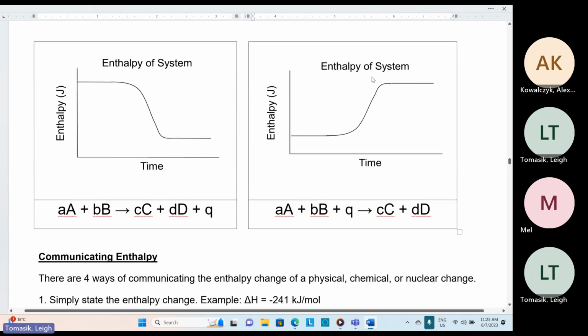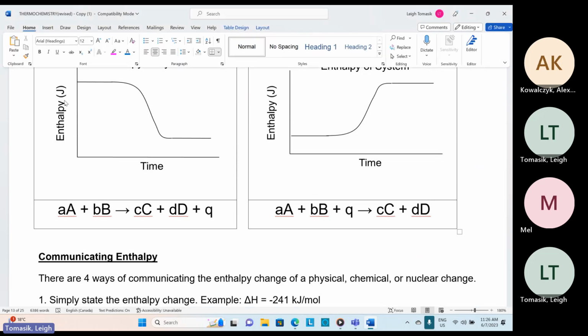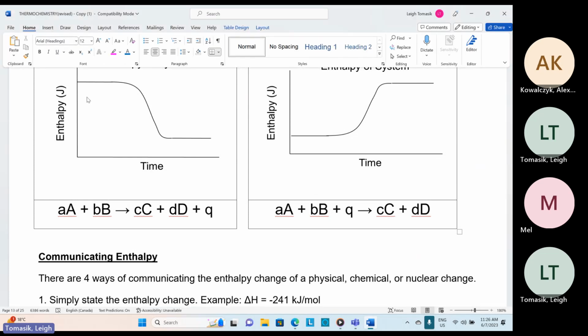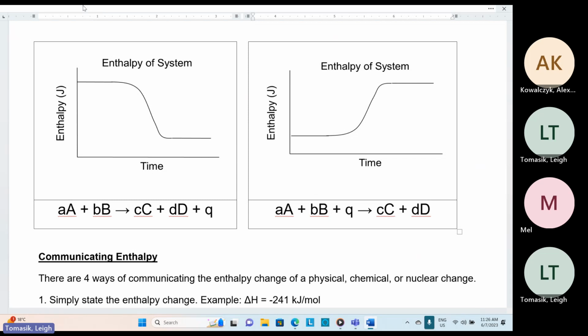We've seen these graphs before in our rates of reaction. We have energy or enthalpy up on the left-hand side, and we have time across the bottom, right? So remember, over time, we go from reactants to products.